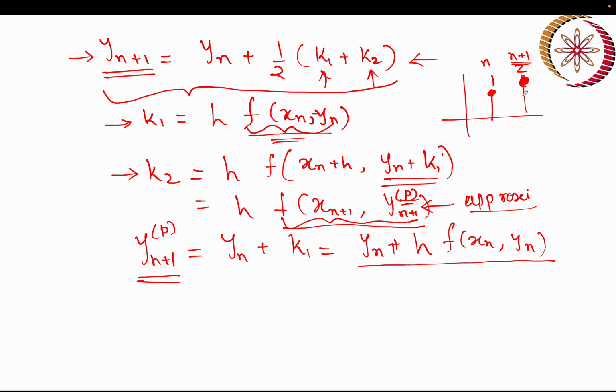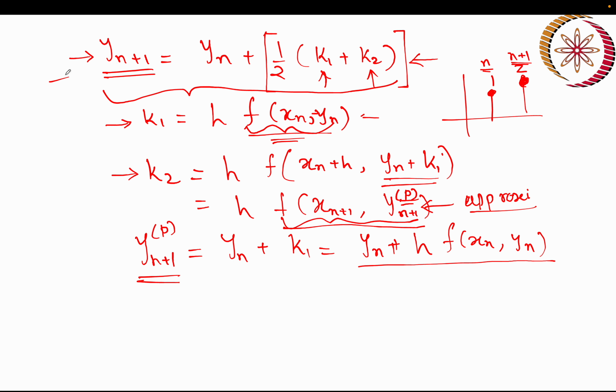So this approximate value we are using to compute the derivative at the n plus 1 location, and then we take the average of the slope at the n location and the slope at the next location, and that average we are using to compute the step, and then we are finding the next value yn plus 1.